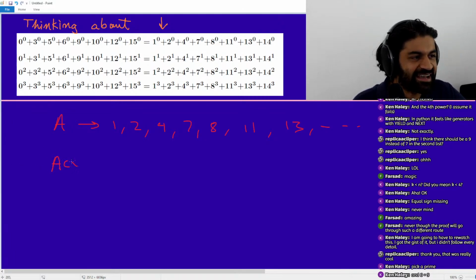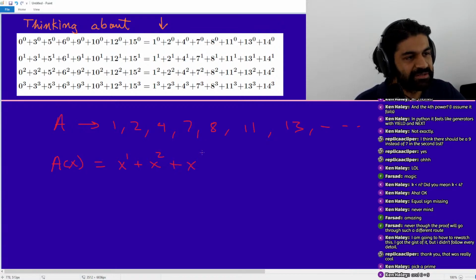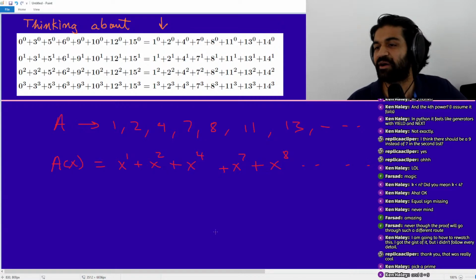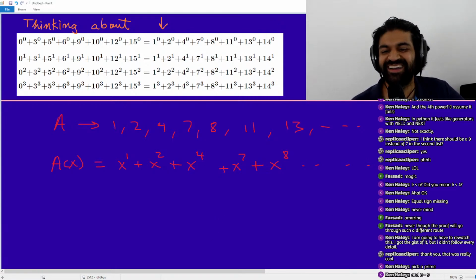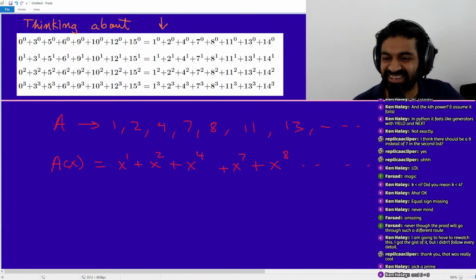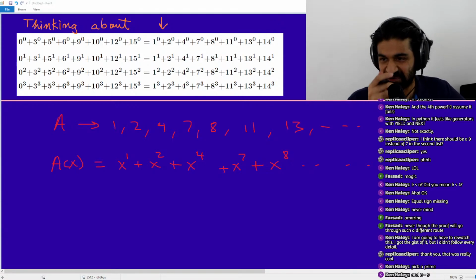But I'm going to define A(x) as follows. A(x) is going to be x to the 1 plus x squared plus x to the 4th plus x to the 7th plus x to the 8th, and so on. Let me know if this is going to get pretty wild. So let me know if that makes reasonable sense.